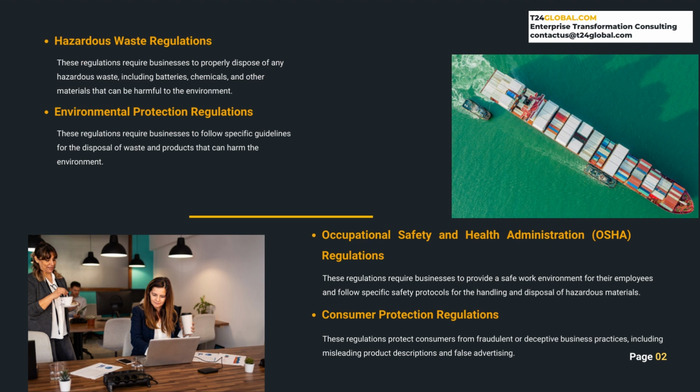To comply with these regulations, businesses must implement safety training programs, provide personal protective equipment, that is, PPE, to employees, and conduct regular safety inspections. Key personnel involved in OSHA compliance include EHS managers and safety officers. IT software functionalities used include safety management software and incident reporting systems.